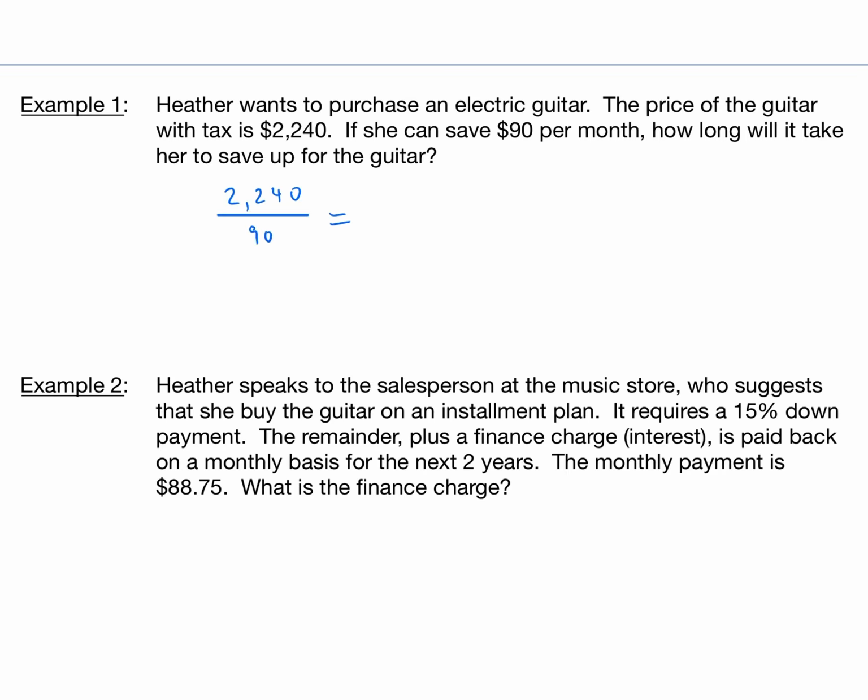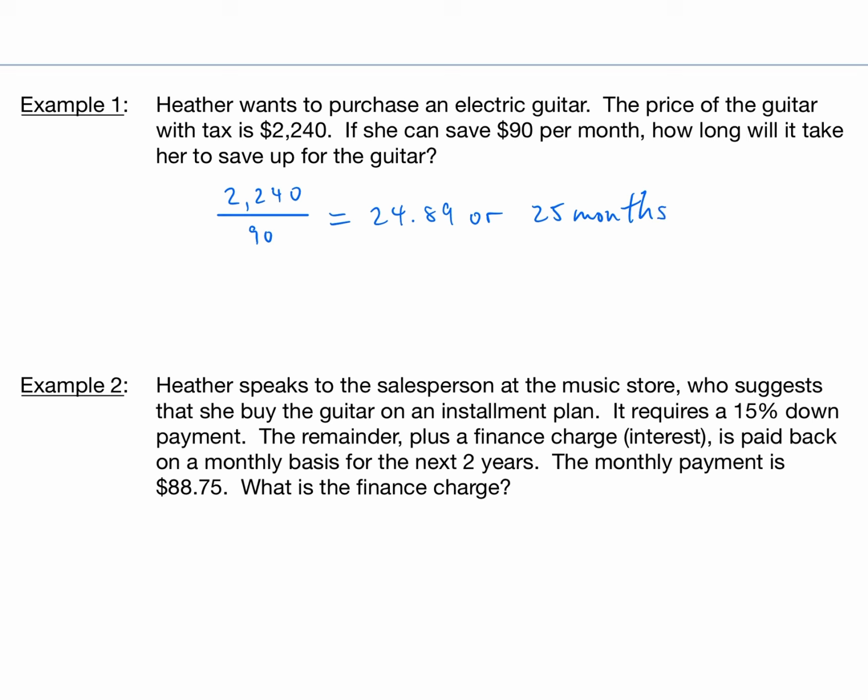And when you do, that works out to 24.89 months, or we round that to 25 months. So a little bit over 2 years to save up for that.